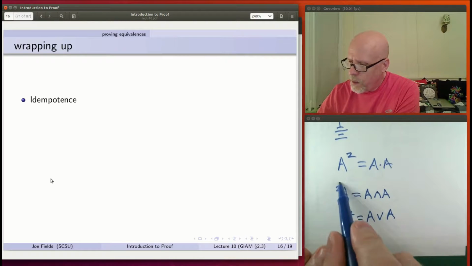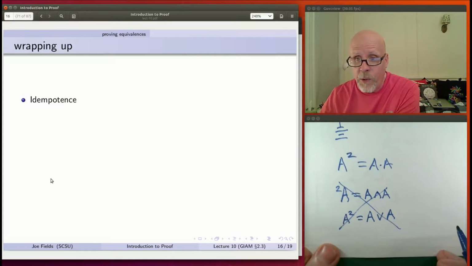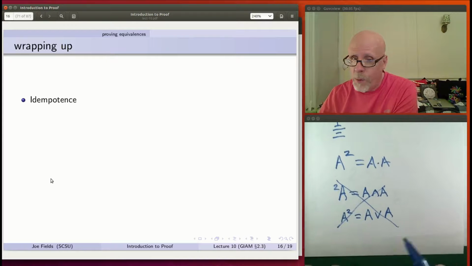But these things are unnecessary because of the idempotence property. A and A doesn't really do anything new. If you AND a statement with itself, well, when A is true, you'll get true, and when A is false, you'll get false. In other words, you get the same exact values as A. Similar thing happens with OR.